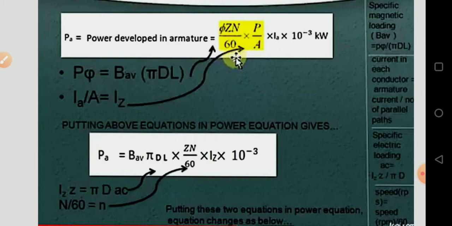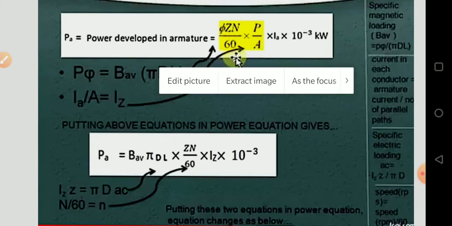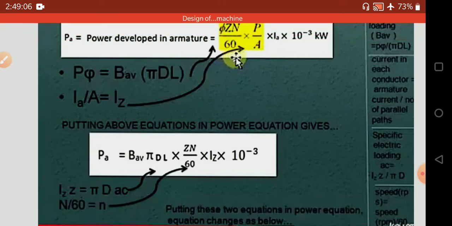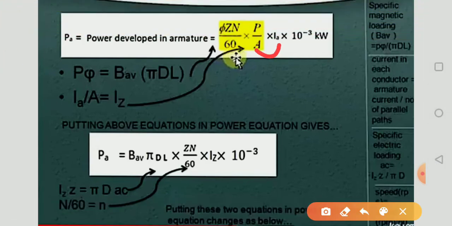Now we put this value here. We have A upon Ia, so here we put Iz. Now in place of P into phi, we can put BAV into pi DL.